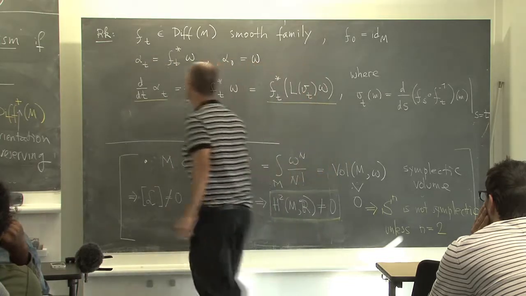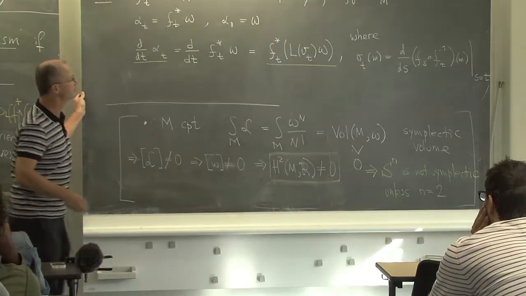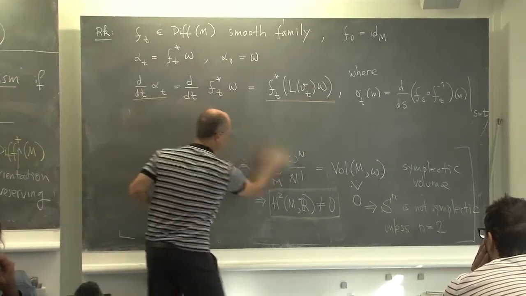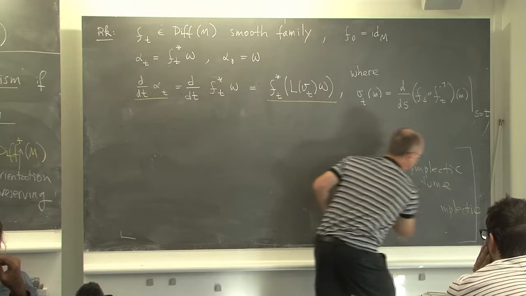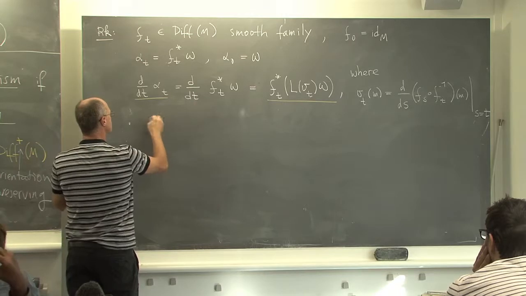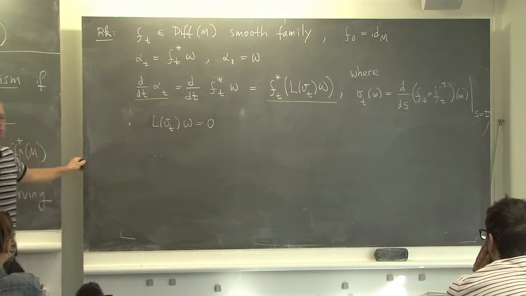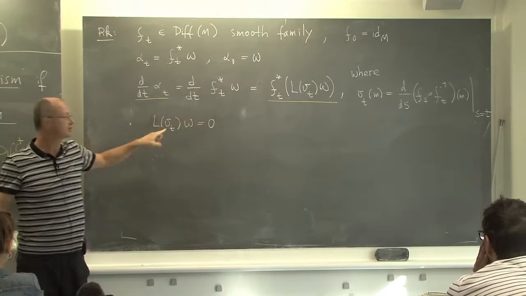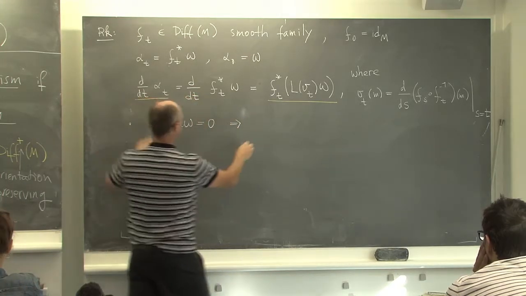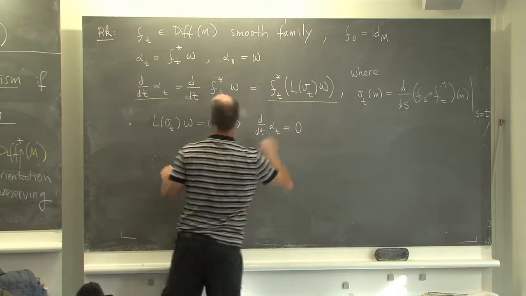Right. But here, what is important for us? So notice that it works in two directions. So assuming that L Vt omega is equal to 0, so if your family of vector fields consists of symplectic vector fields, this means that d over dt alpha t is equal to 0, right?